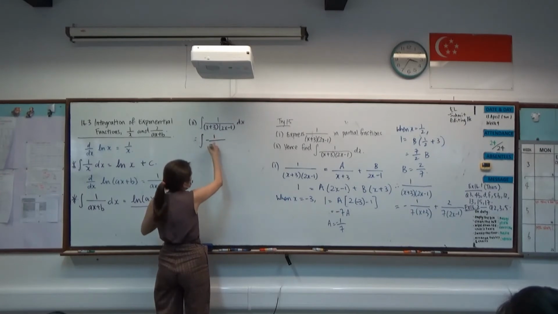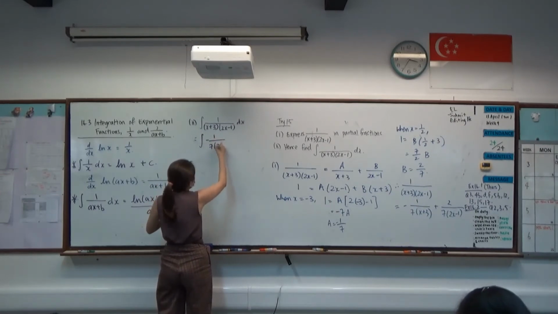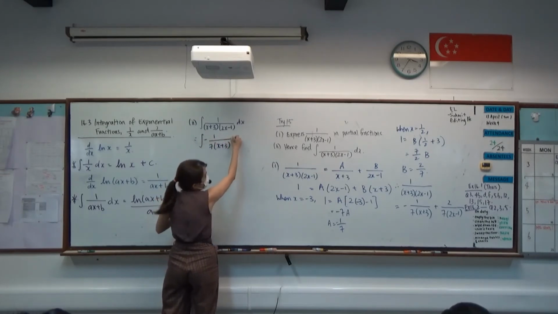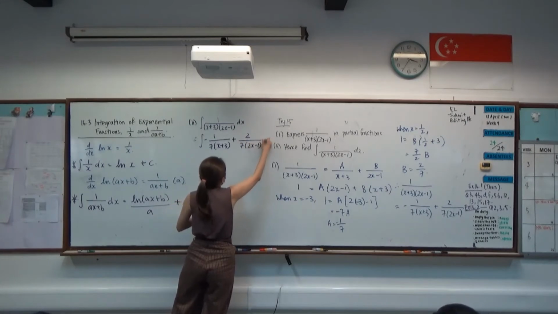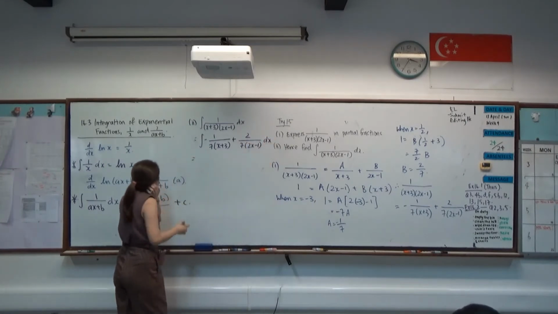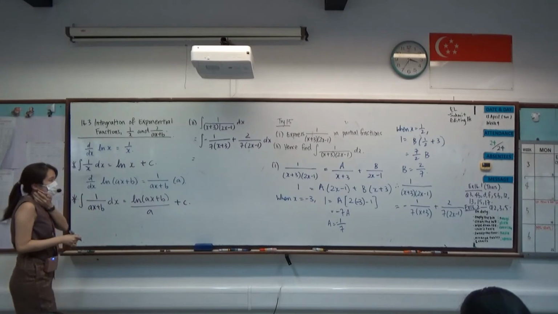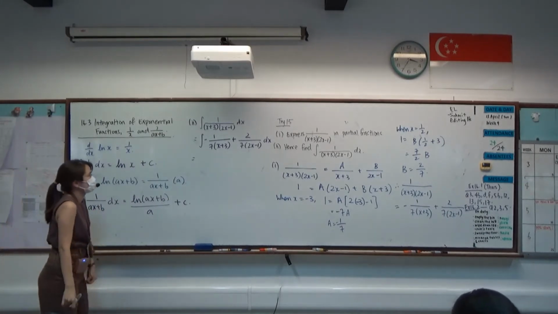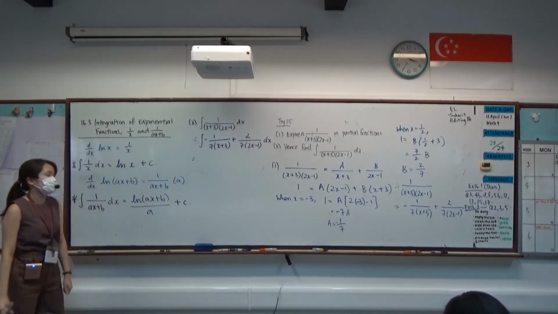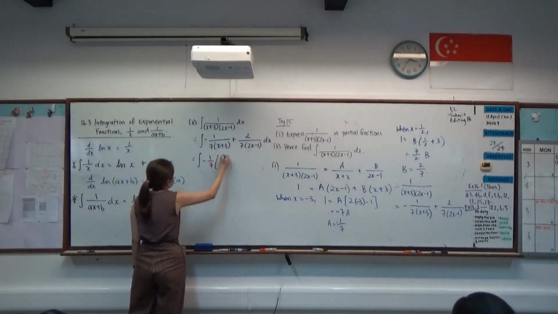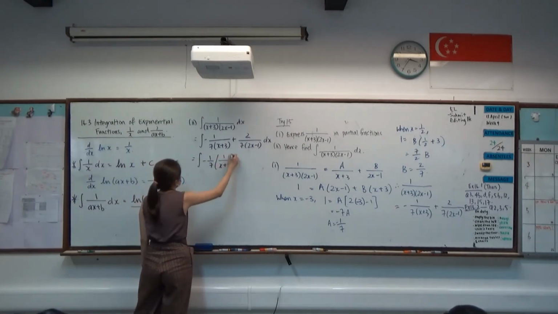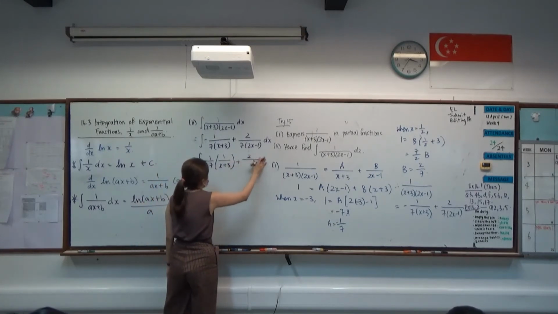negative 1 over 7 times x plus 3 plus 2 over 7 times 2x minus 1. If looking at this is tough for you to figure out what the integration is, you may want to consider writing it in this manner, which is its equivalent.